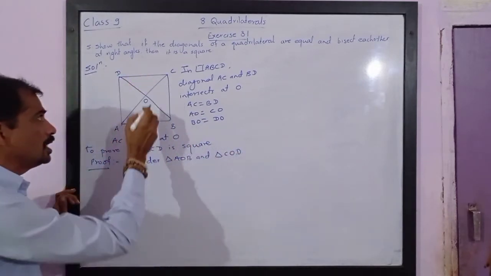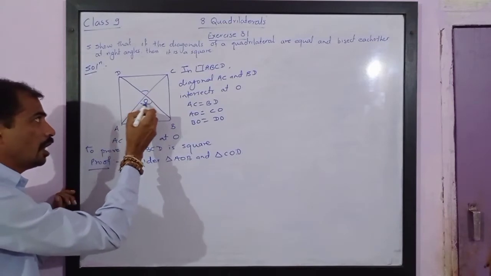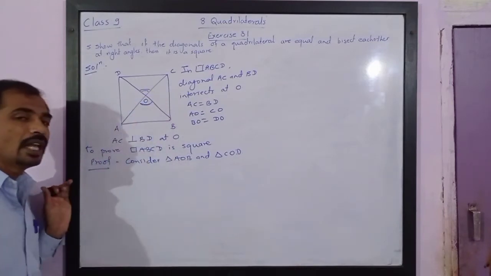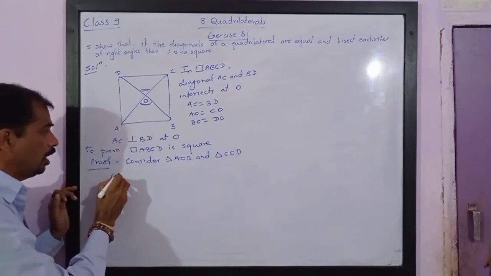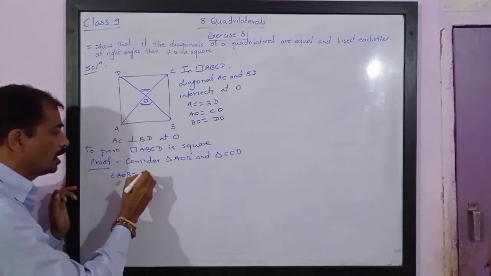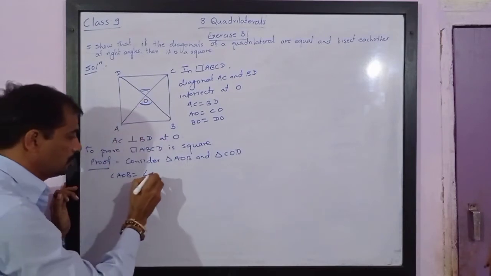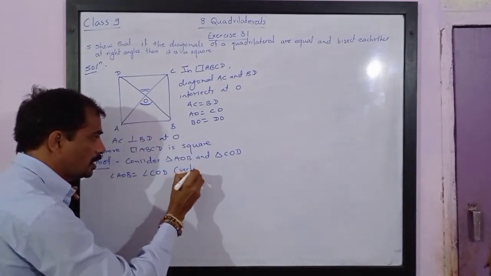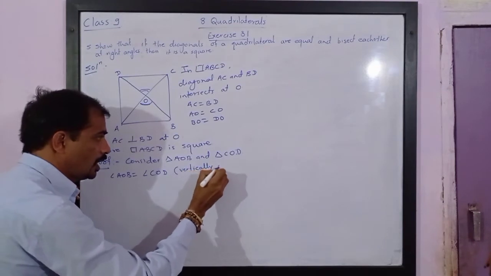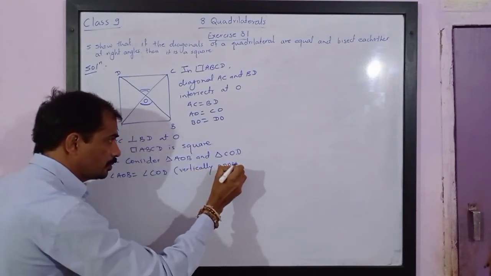In these two triangles, we will notice these are vertically opposite angles. Vertically opposite angles must be equal. So, we will get angle AOB equals angle COD. Reason is vertically opposite angles.